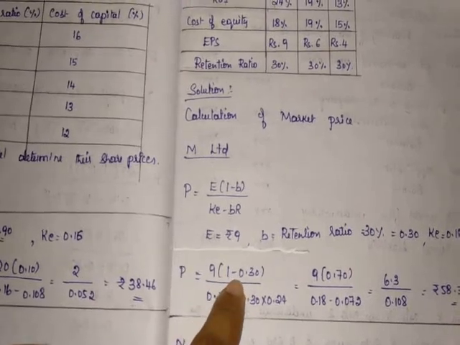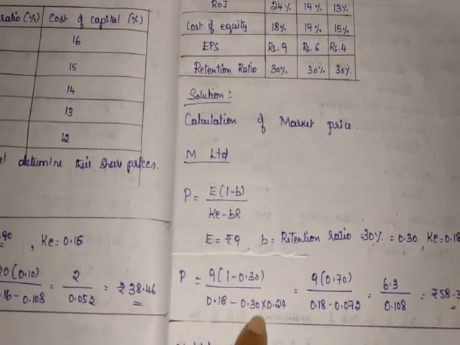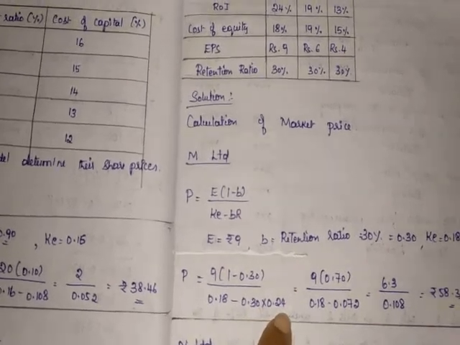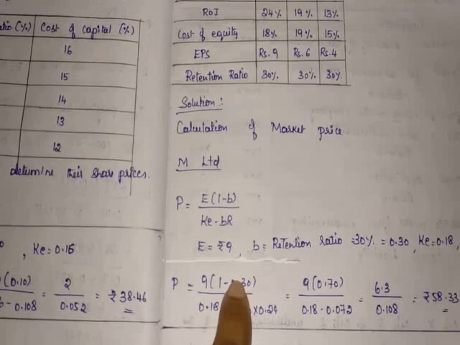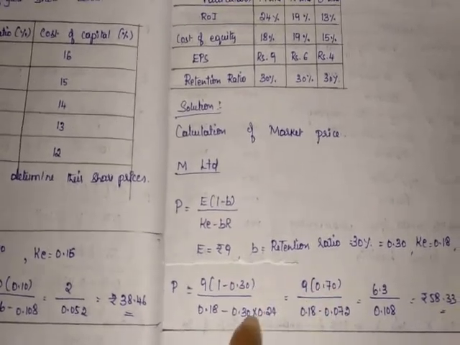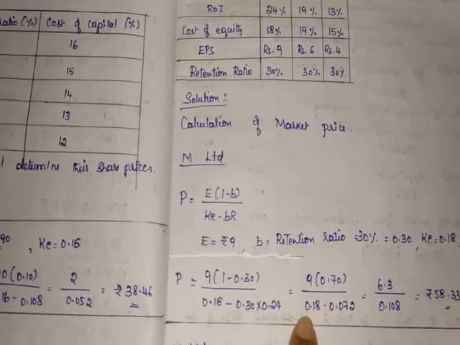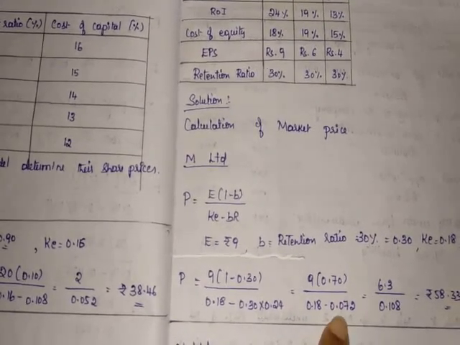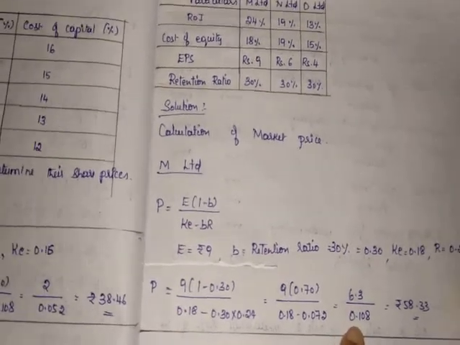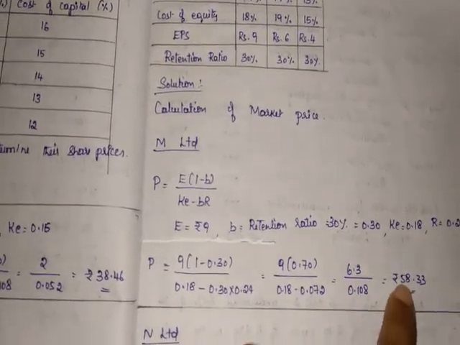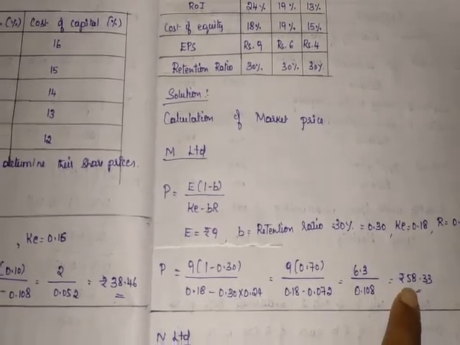So 9 into 1 minus 0.30 divided by 0.18 minus 0.30 into 0.24. So 9 into 0.7, since 1 minus 0.3 means 0.7. 0.30 into 0.24 will get 0.072. So 0.18 minus 0.072 will get 0.108, and 6.3 divided by 0.108. Answer, that is market price for the first company, rupees 53.33.